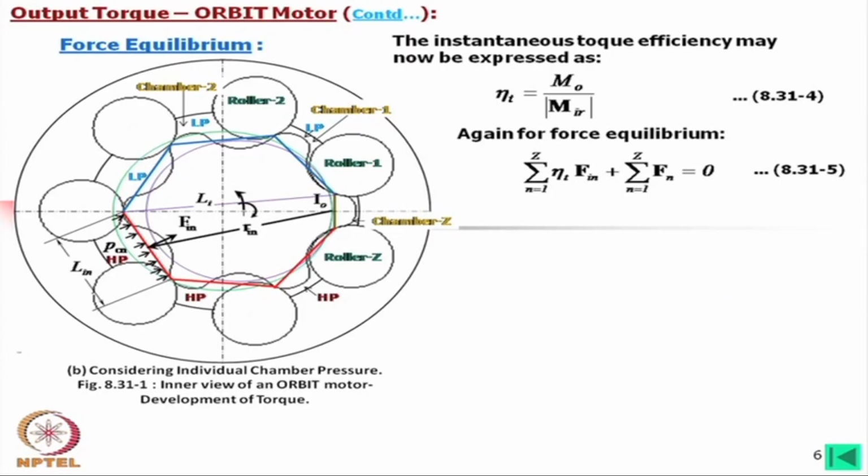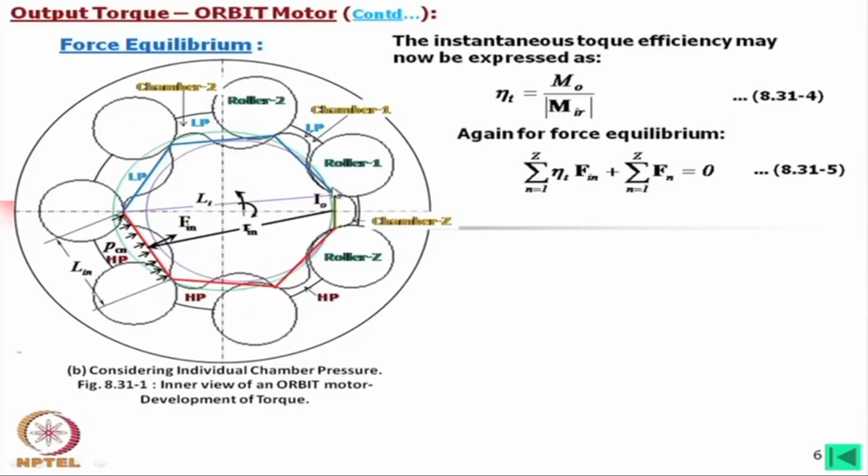Again, for force equilibrium, each chamber force multiplied by this efficiency must be equal to this ideal force at the contacts, offered by this resistive force, which is offered by the elastic deformation of the body.